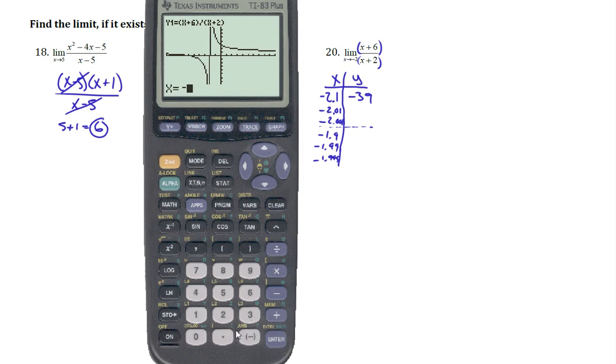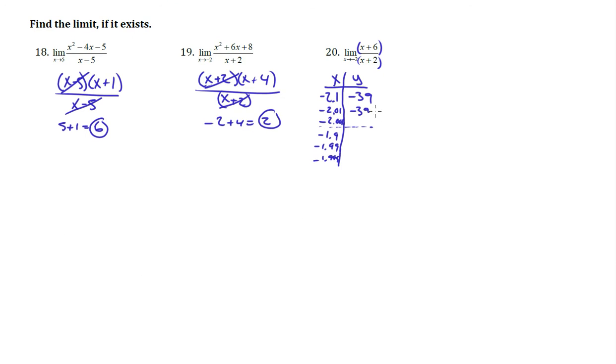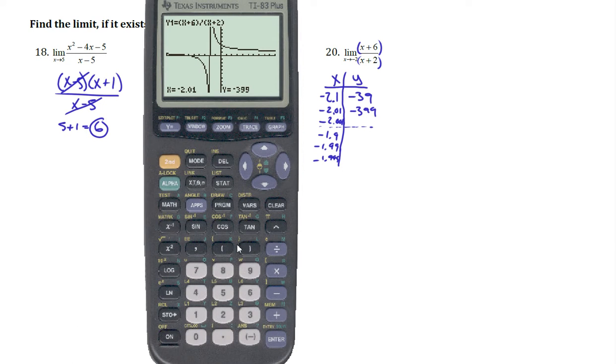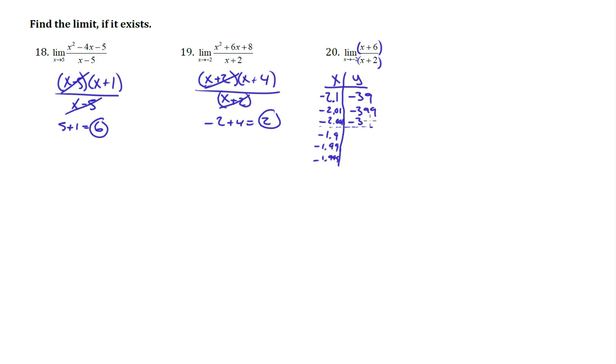You just do -2.01, and that gives us -399. Right, and then we do -2.001, and that gives us -3,999. So this basically here, this is going towards -infinity, right?